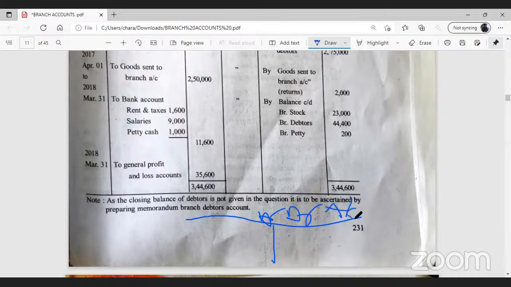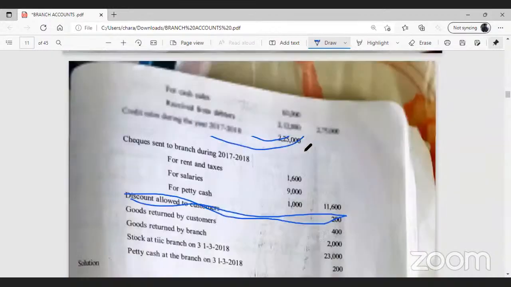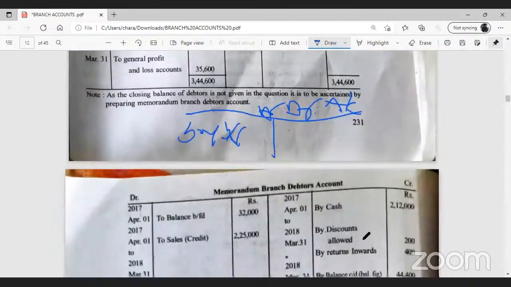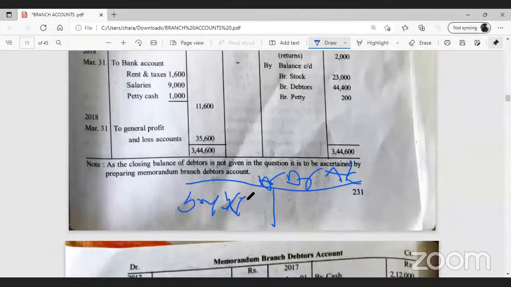Debtors are treated as assets. So the opening balance we will take here by writing balance brought down. What is the amount of balance brought down? Debtors opening balance 32,000. So here it is 32,000.